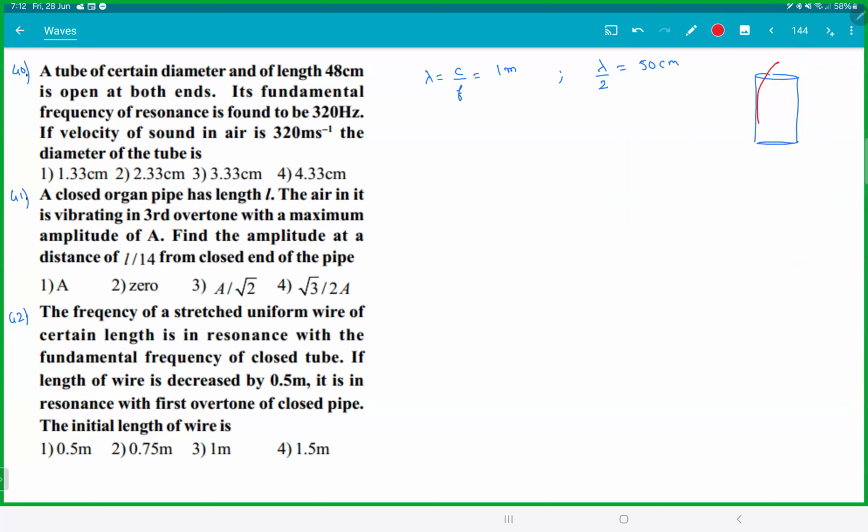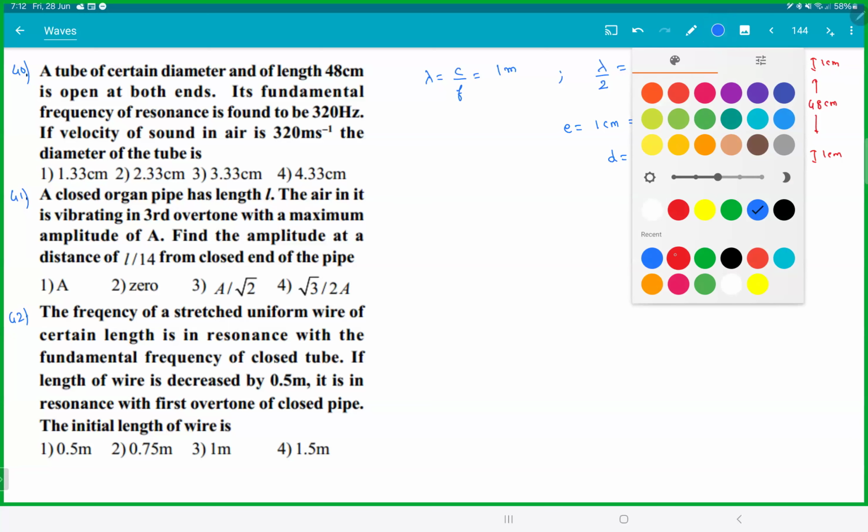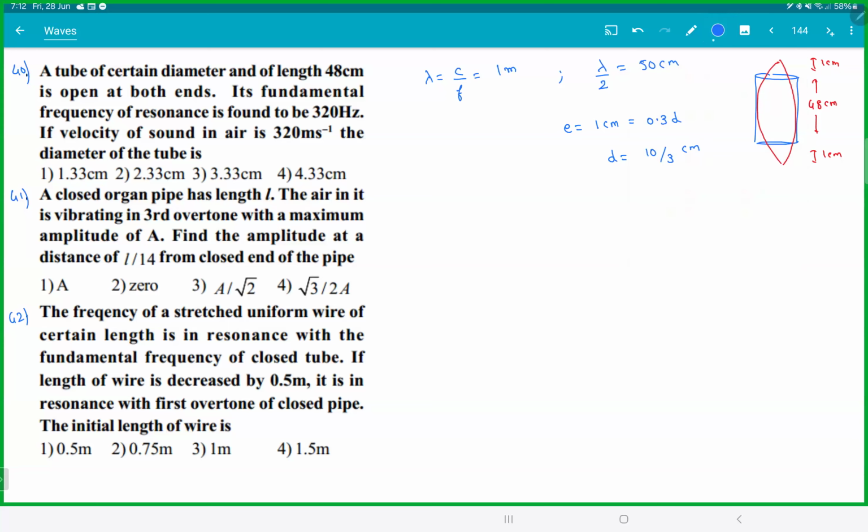That means for the first harmonic, the pipe is 48 centimeters, and 1 centimeter up and 1 centimeter down. So indirectly he gave you the end correction E is equal to 1 centimeter, which is 0.3 times the diameter. That is 10 by 3 centimeters, 3.33.